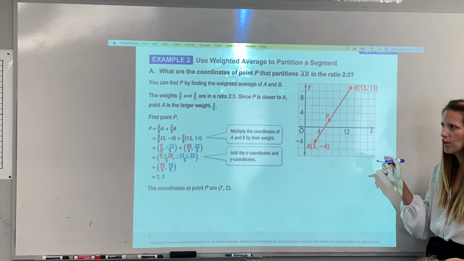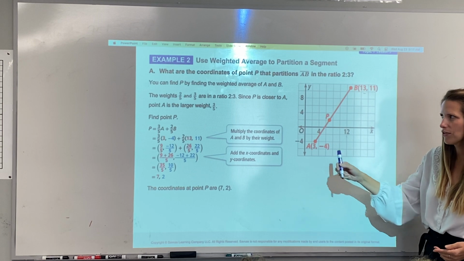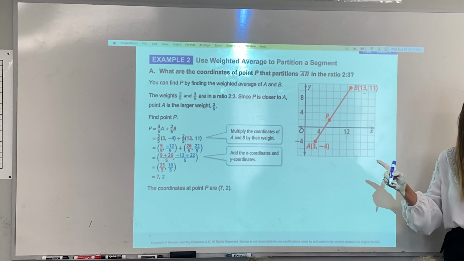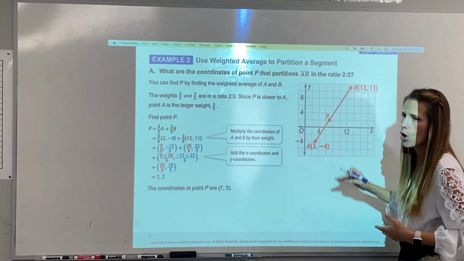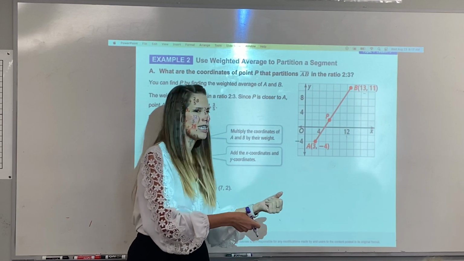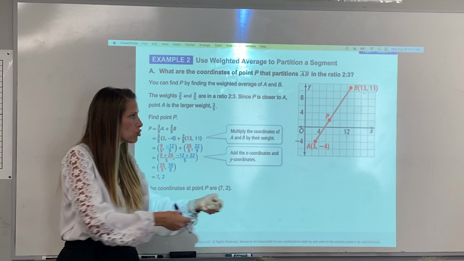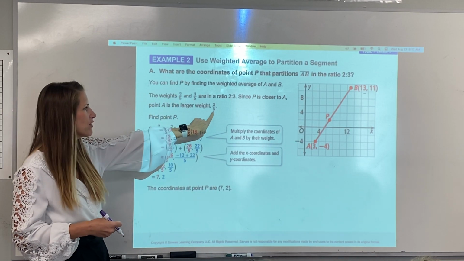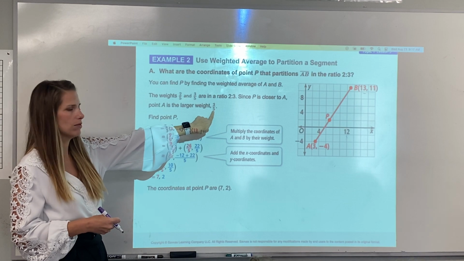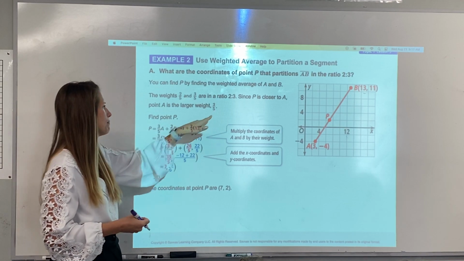So you're like, well, shouldn't this distance have the smaller fraction? No. Because we're not talking about the distance between A and P. We're talking about which team is winning, which team is the stronger team. Team A is stronger, it gets the heavier, larger weight, which is 3/5, not 2/5.